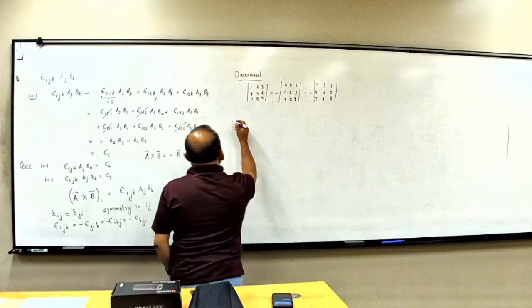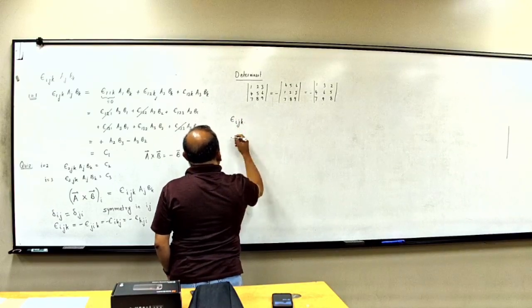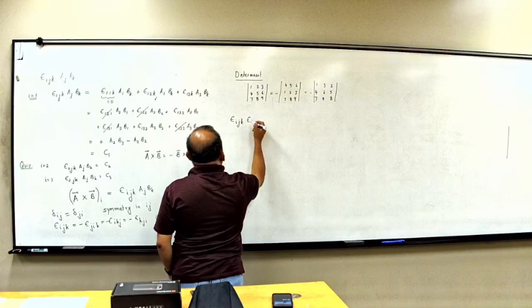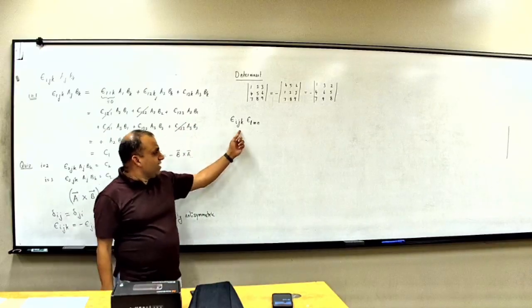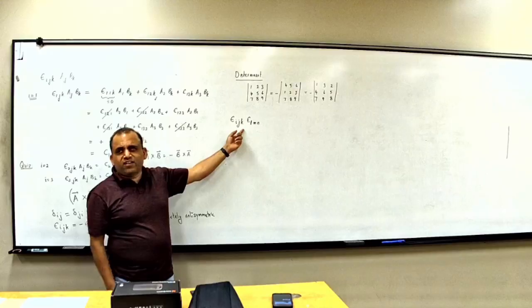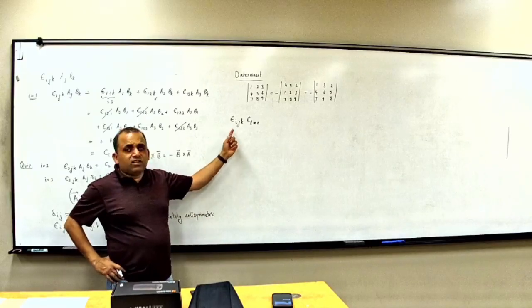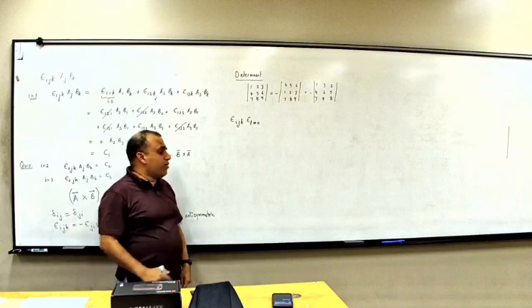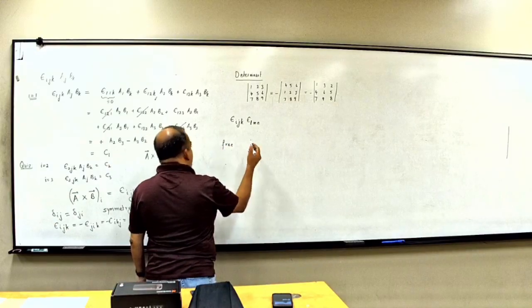So the idea is, if you have 2 Levi-Civita symbols, epsilon ijk, and let's say epsilon lmn. Is this a scalar or a vector or a second rank tensor? How many free indices? All are free.